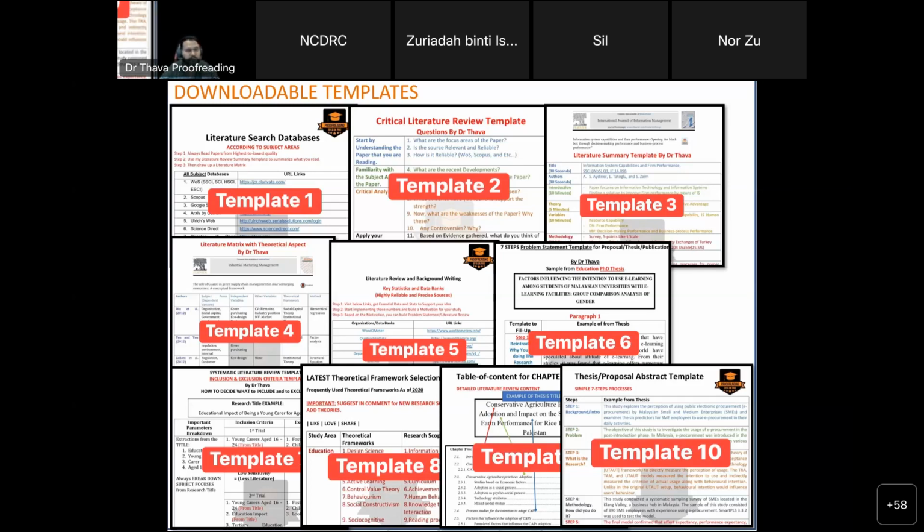I also don't know which participant that is because it's not showing here. Is there an option for you to mute all? There is, but it won't allow me to click the mute button. Okay, now I think it's okay already. Thank you, Puan Kila. Okay, so let's continue.